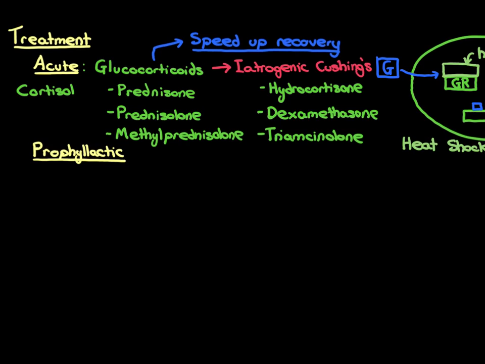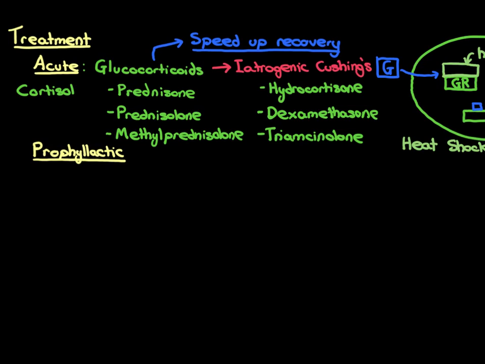They also thin your skin, they thin your bones, they make you bruise easily, they increase your blood pressure, they increase your risk of developing type 2 diabetes. So taking these drugs for a long time does cause serious problems, so they can only be given for a short period of time, or ideally they should only be given for a short period of time.